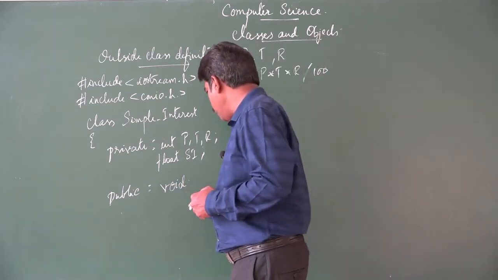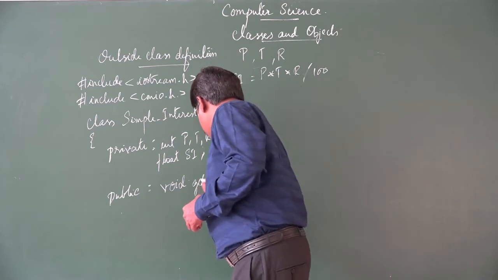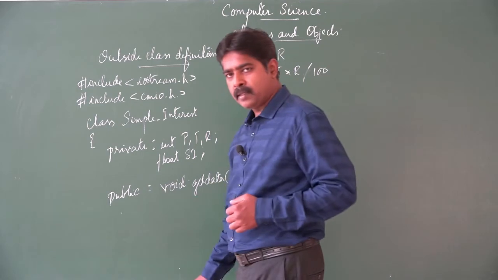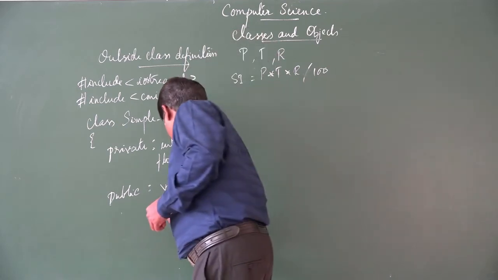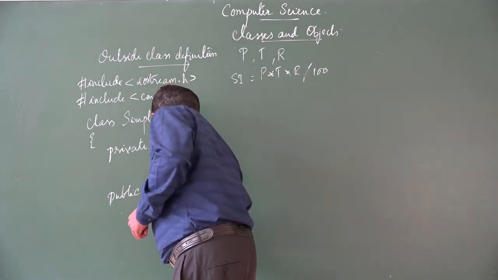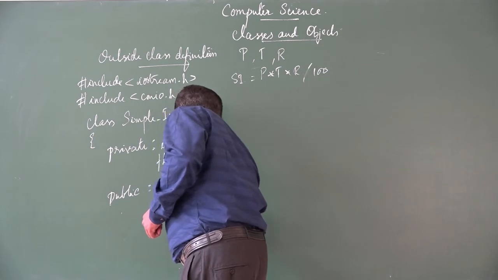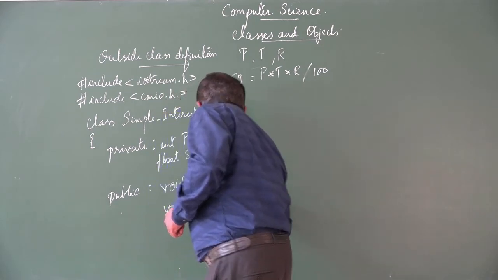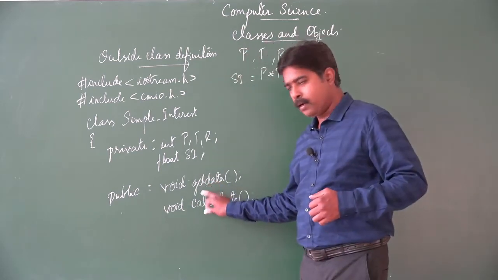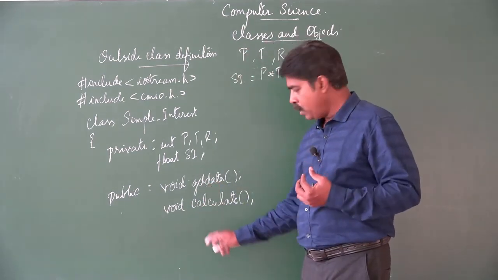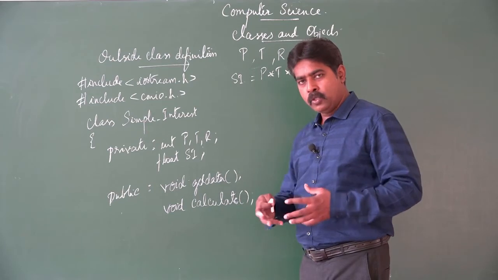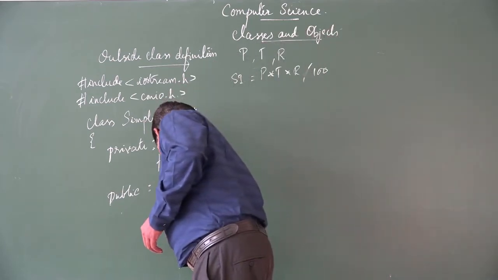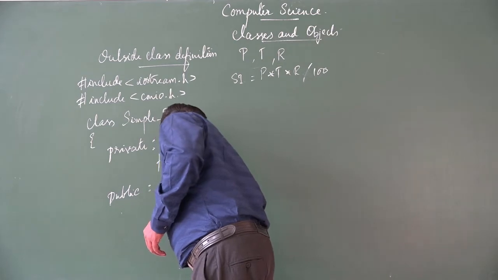So void get data, and then void calculate, and void output. Get data to take the input, calculate to do the calculation part, and output to display the result.